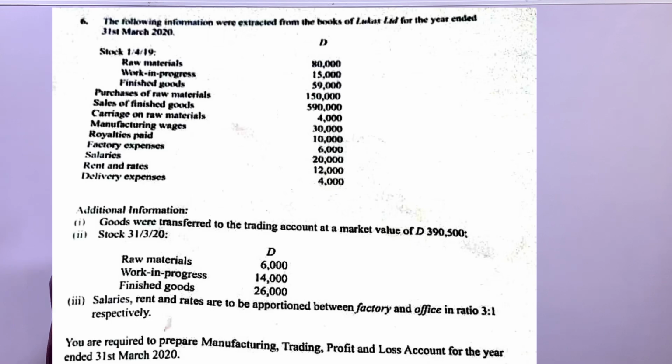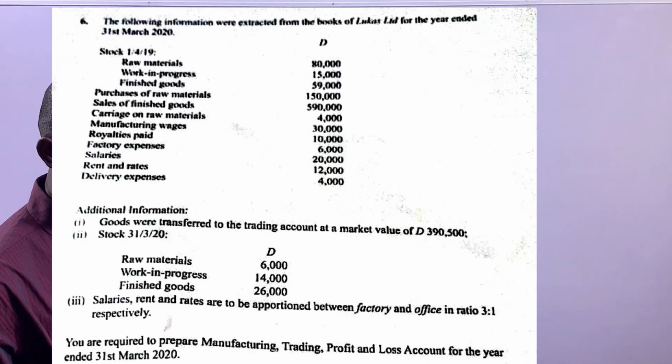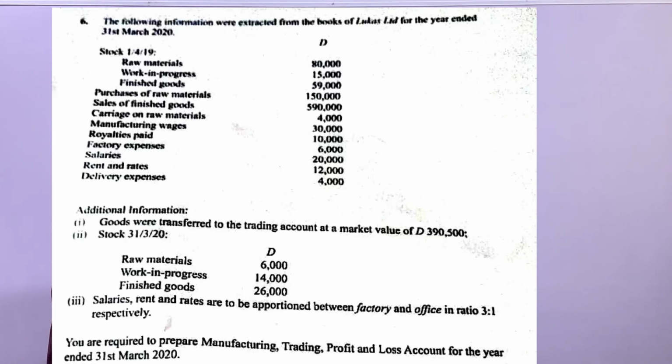So we are going to be treating those additional information. In additional information 1, we were told that goods were transferred to the trading account at a market value. In our first episode, we talked about market value or market price, and that's what was given as 390,500. For additional information 3, we are going to apportion salaries as well as rent and rates.